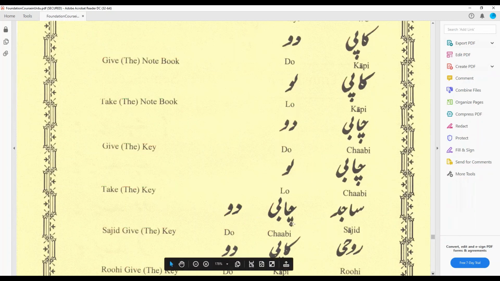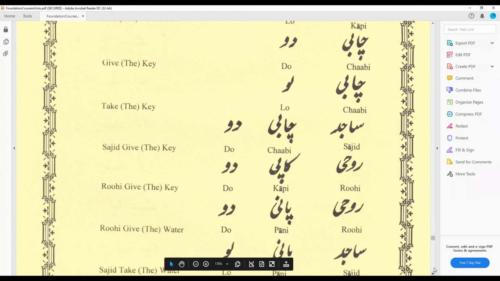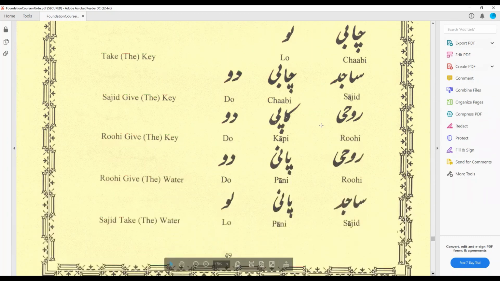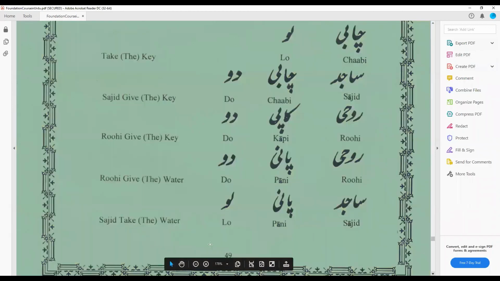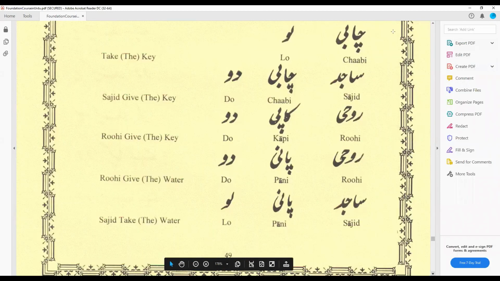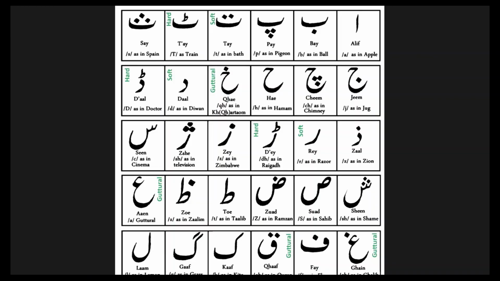Chabi lo. Sajid, give the key. Sajid chabi do. Ruhi, give the key. Ruhi chabi do. Ruhi, give the water. Ruhi pani do. Sajid, take the water. Sajid pani lo. Excellent. This is our today's lesson.